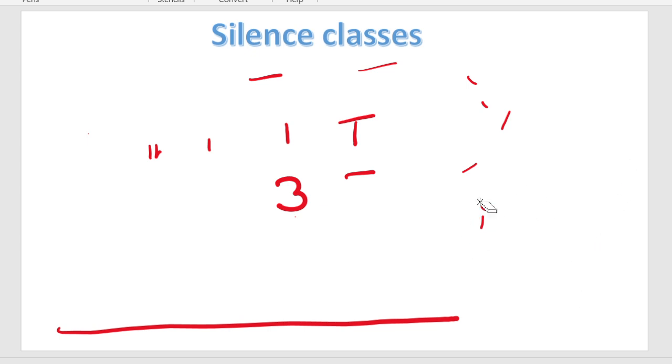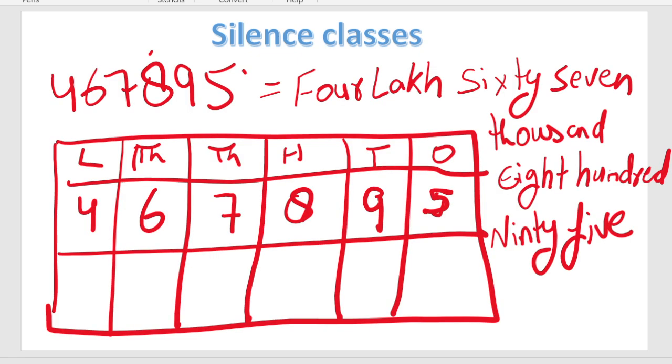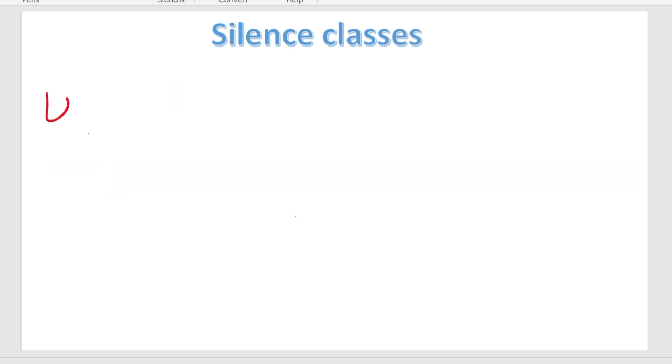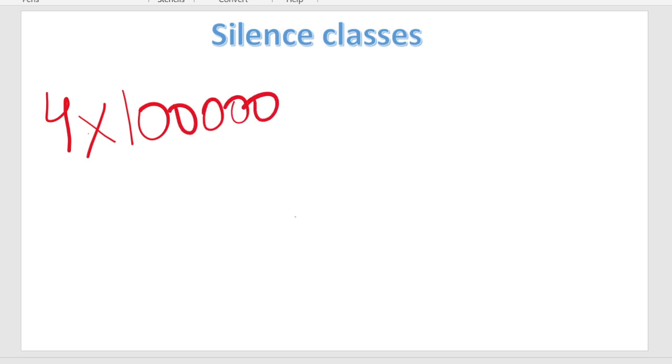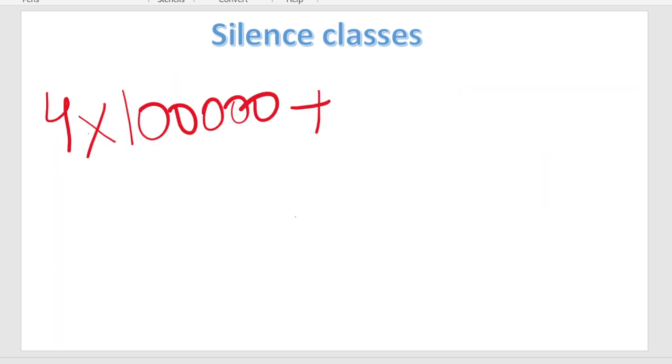Again we have to check in which place value each digit is. 4 is in the lakh place, so we multiply 4 by 1 lakh, 1 2 3 4 5 zeros. Plus 6 is in the 10,000 place, so we multiply 6 by 10,000.